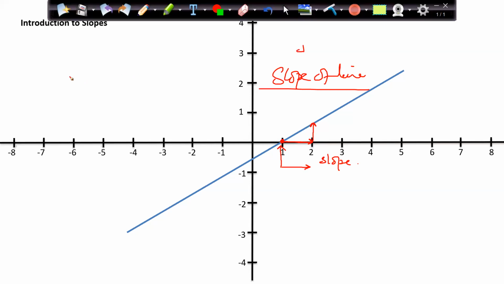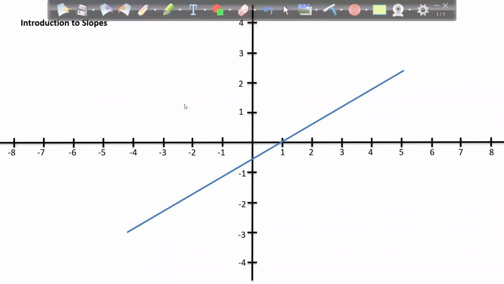I can say that the slope of a line is delta y2 minus delta y1 upon delta x2 minus delta x1, or I can say delta y by delta x.